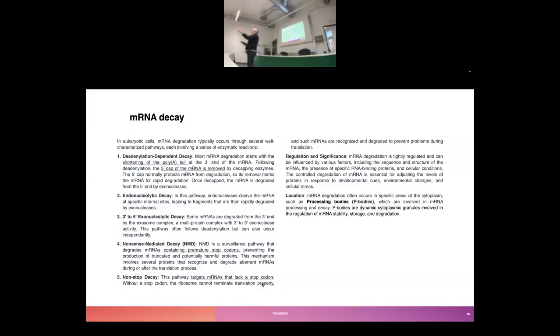You know, the restriction endonucleases, they cut in the middle of the DNA sequence. In that case, those are RNA endonucleases. They cut the chain in the middle and not from the extremities. That's the difference between endonucleotic decay and exonucleotic decay. Okay, the exo are from the extremities, the endo cut in the middle.